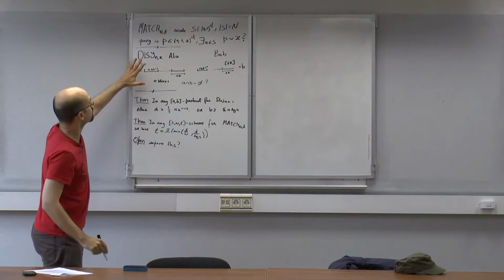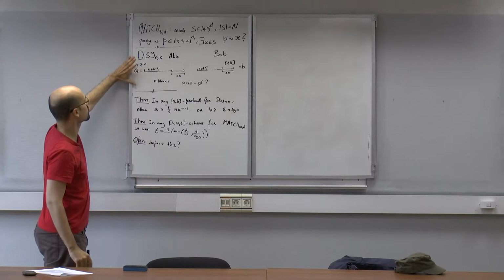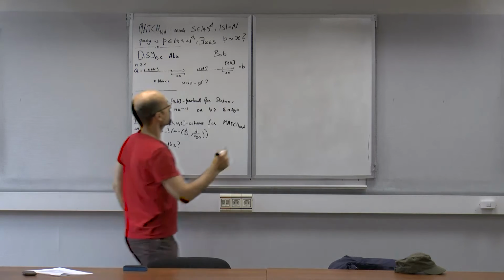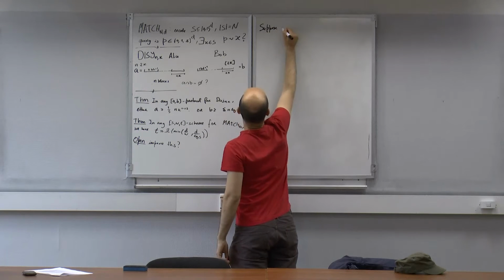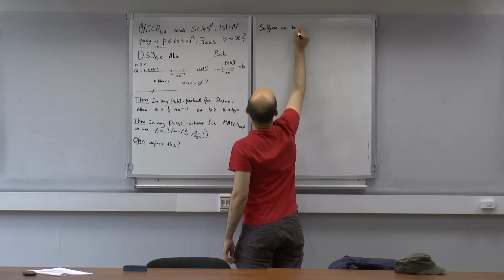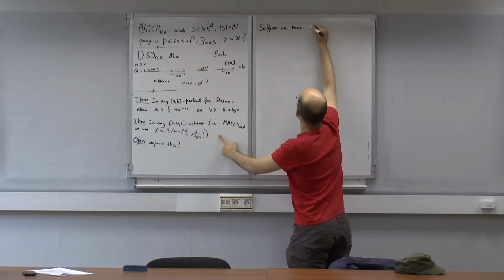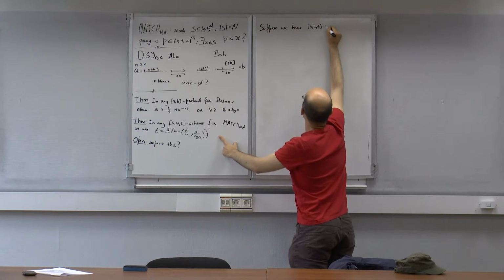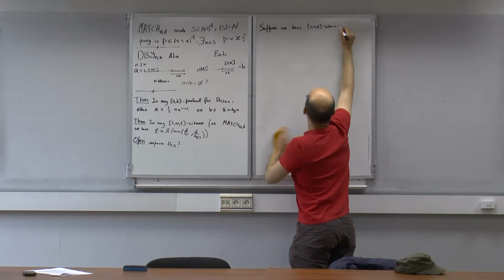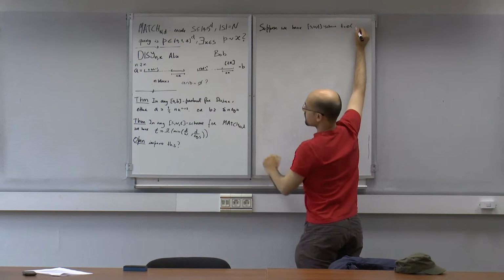Now let's prove this. This theorem is proven by reduction to disjointness. Suppose we have a cell probe scheme where t is little o of both of these things.